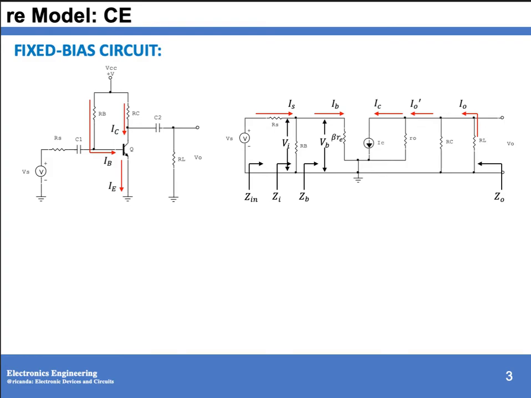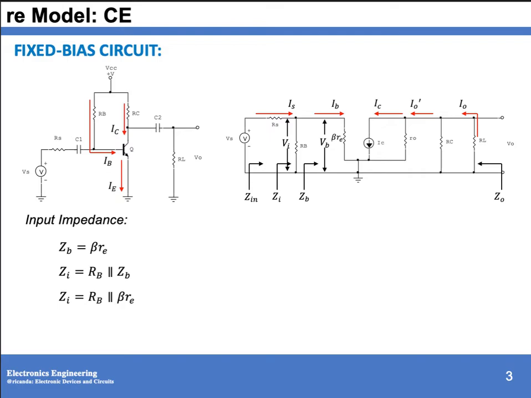So solving for your input impedance, first we have to get the impedance at the base, which is equal to beta re. And solving for your impedance Zi, that is equivalent to your RB in parallel with your impedance at the base.